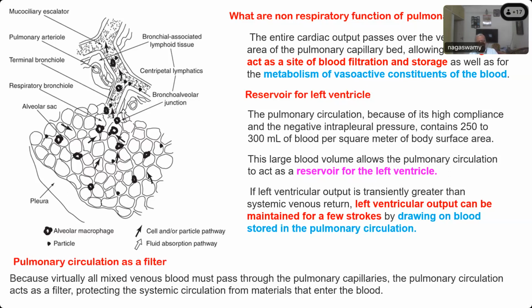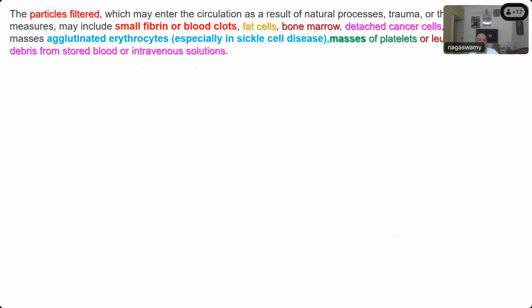And the pulmonary circulation also acts as a filter, because virtually all mixed venous blood must pass through the pulmonary capillaries. The circulation can act as a filter, protecting the systemic circulation from materials that enter the blood. The particles that are filtered are small fibrin or blood clots, fat cells, bone marrow, detached cancer cells, gas bubbles, or agglutinated erythrocytes, masses of platelets or leukocytes, and debris from stored blood and intravenous solutions.